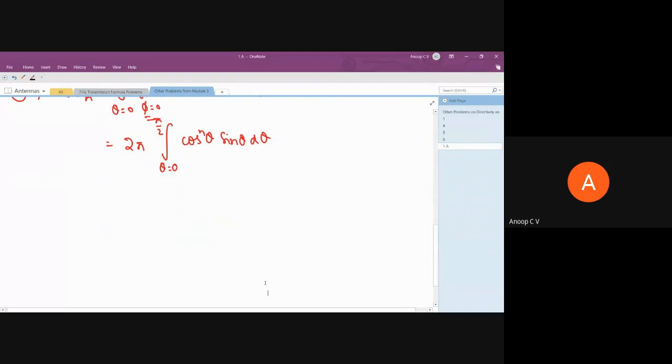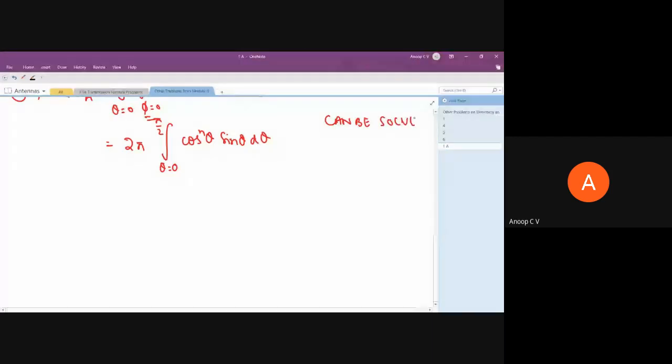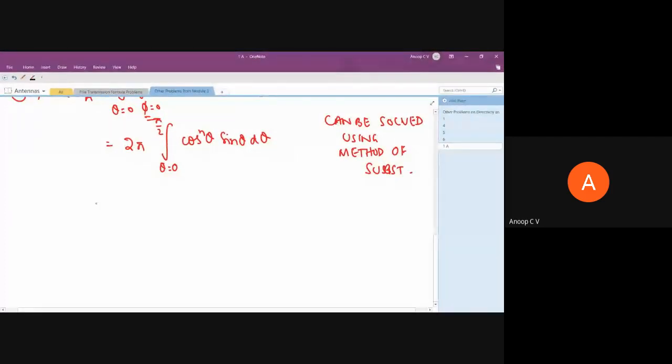We have to solve it using the actual method. This can be solved using the method of substitution.